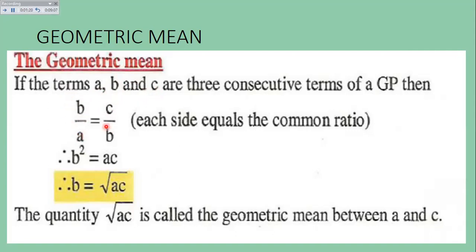In this equation, you are going to discover that both sides have a B, so we can solve this equation for B. We cross multiply, and B squared is going to be A times C, AC, right?